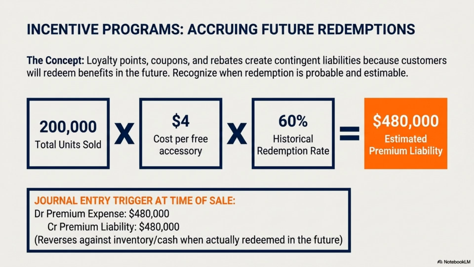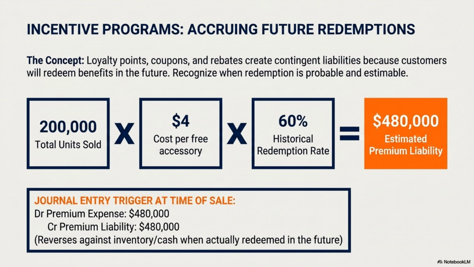The company has sold 200,000 units. Each unit includes a coupon redeemable for a free accessory costing $4. Based on historical data, 60% of coupons are actually redeemed. Multiply those three numbers. 200,000 units times $4 times 60% equals $480,000 of estimated premium liability.